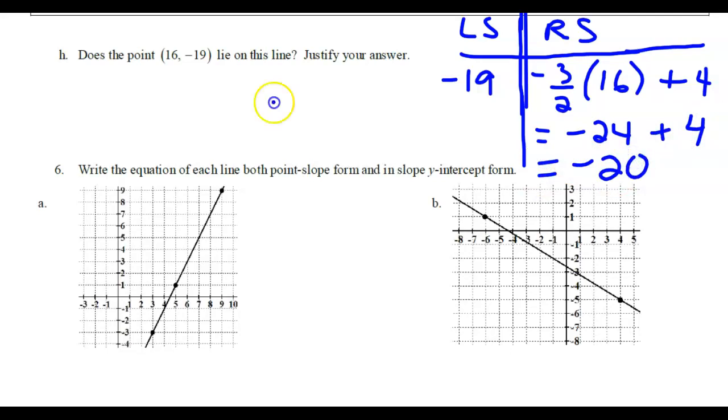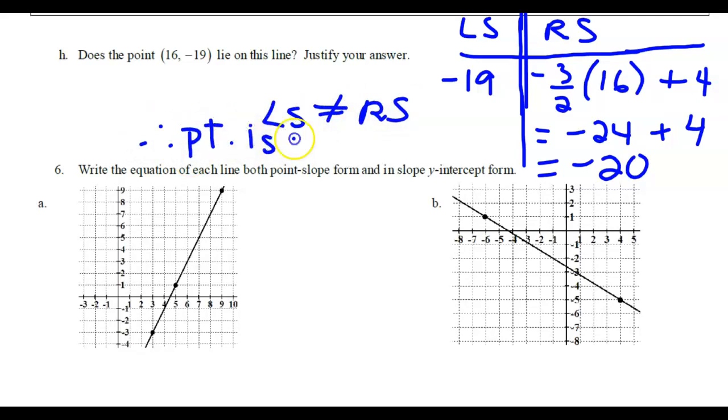So then I say left side is not equal to the right side, therefore the point is not on the line. Yep. Okay, 3 dots in a triangle shape means therefore. Therefore, the point is not on the line. Okay, so that's how you can verify and not state that they're sort of equal when they're not.